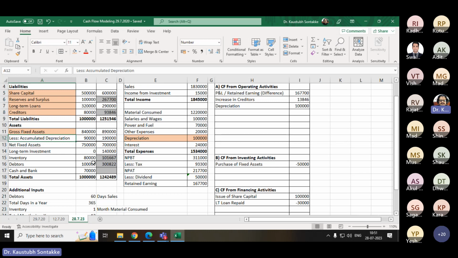Minus from the asset side is like a liability side item. It is not added into the asset.